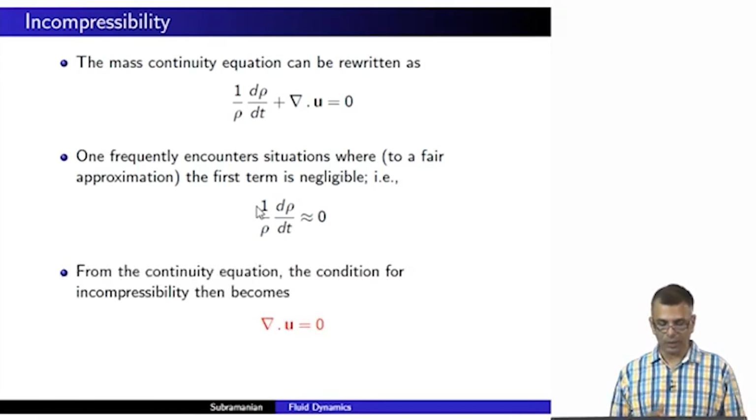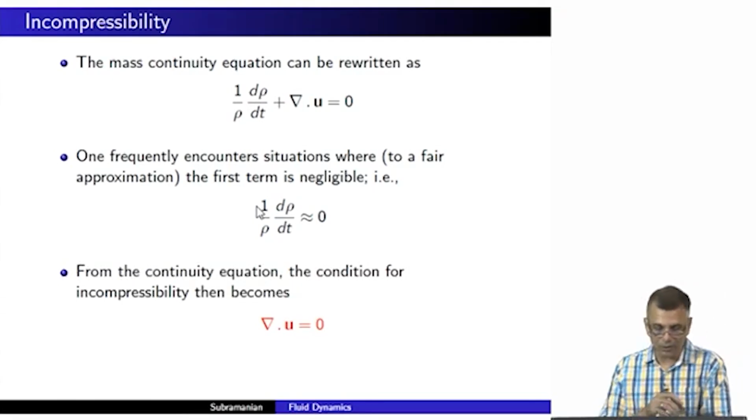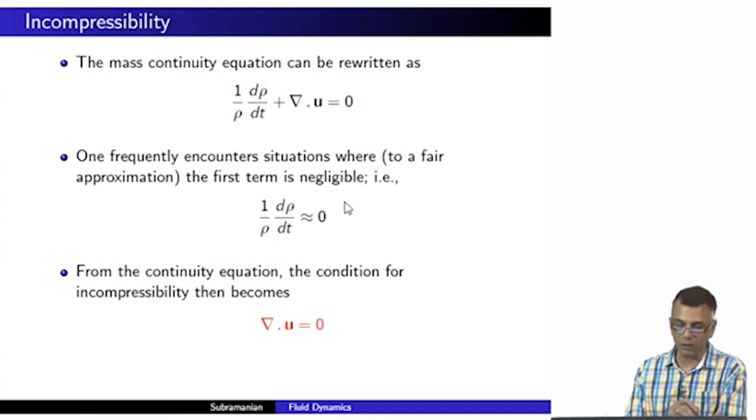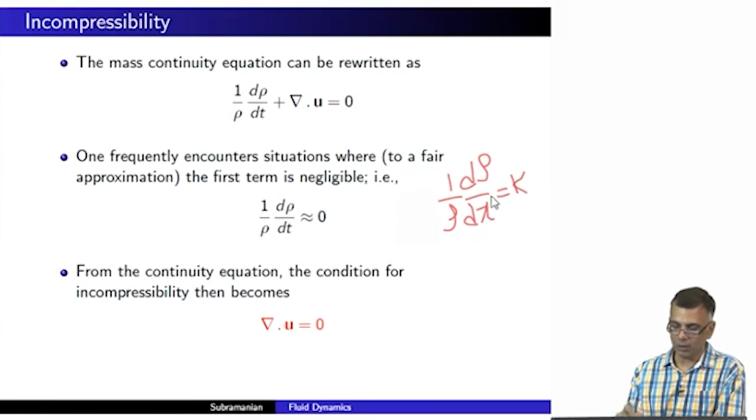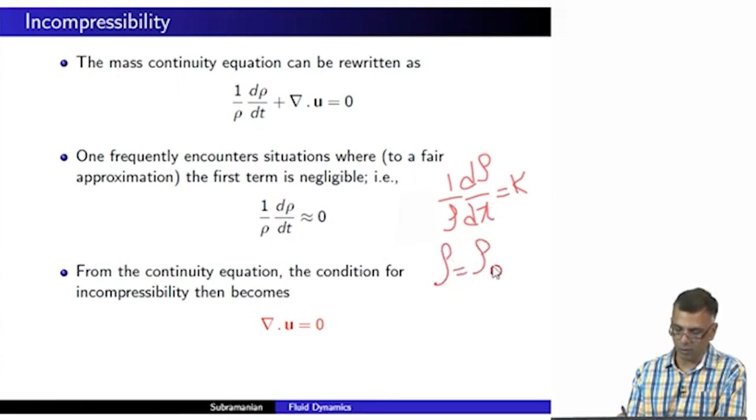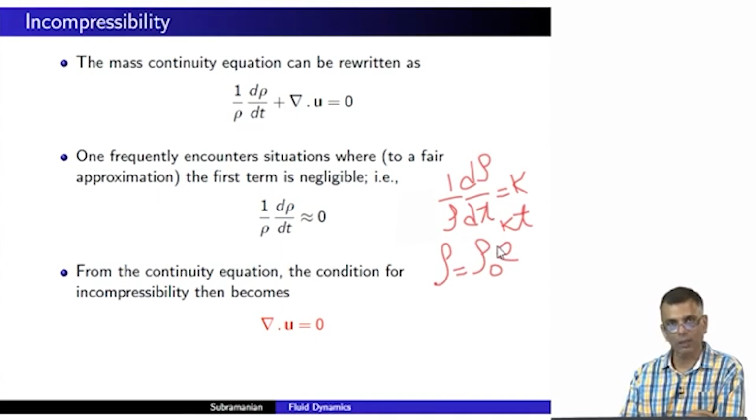In which case, and you can see this. So suppose this was non-zero, right? Suppose this 1 over rho d rho dt was equal to some constant k, right? So the solution to this equation would be some sort of rho equals rho naught e raised to kt, right? So in other words, the density is changing as a function of time, right?